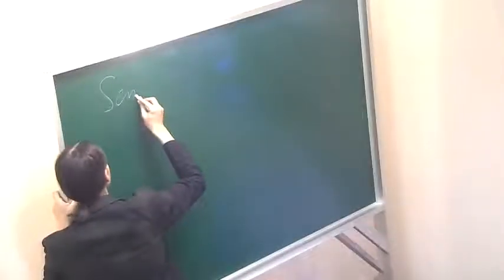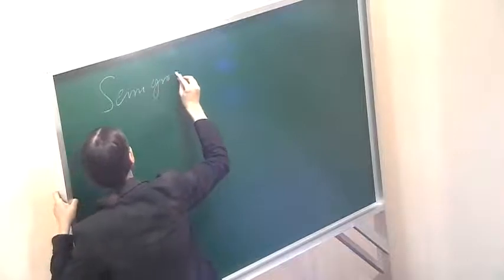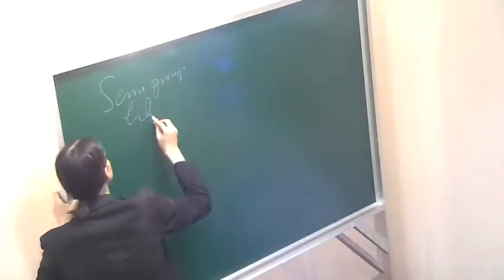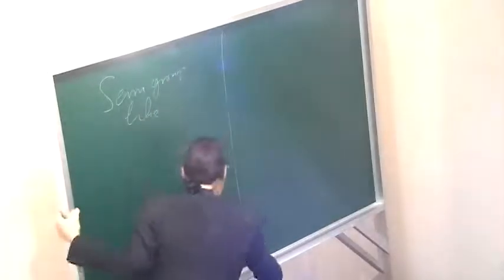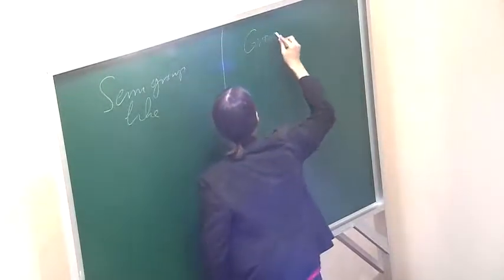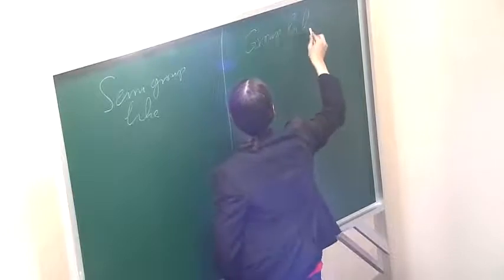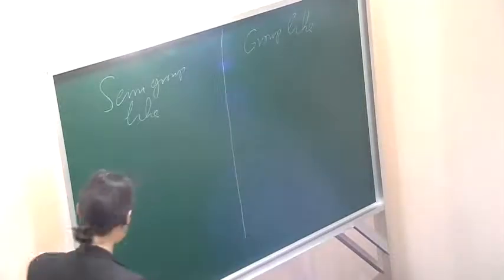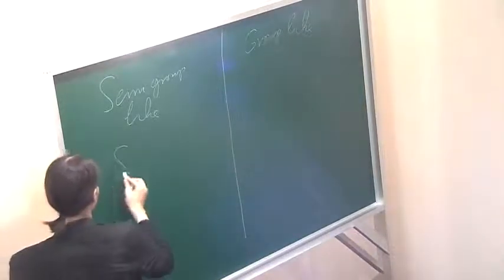I want to say that we have something that I would call semi-group-like things, and on the other hand, we will have group-like objects or group-like categories, whatever. On this side, what you would put here is, of course, Soergel bimodules, S-BIM.